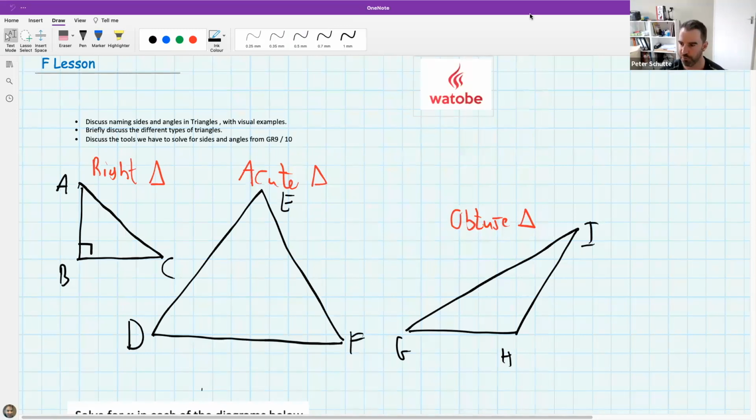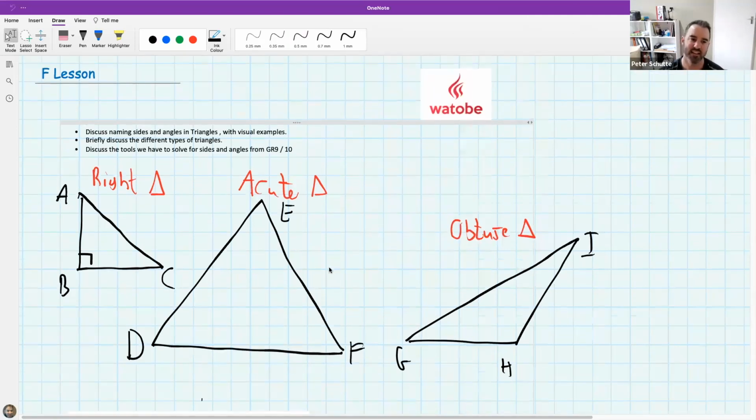If somebody could put their hand up or put in the chat, how do we identify a particular side in a triangle? Who has an idea?